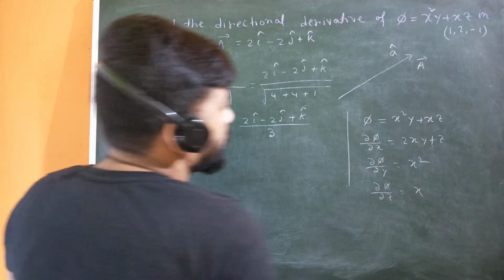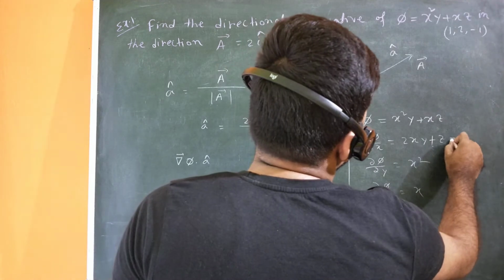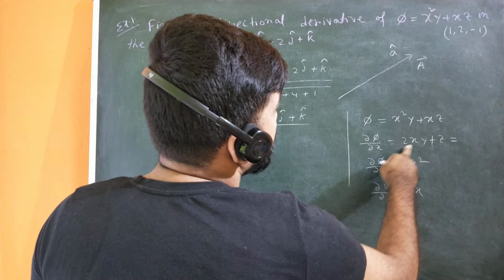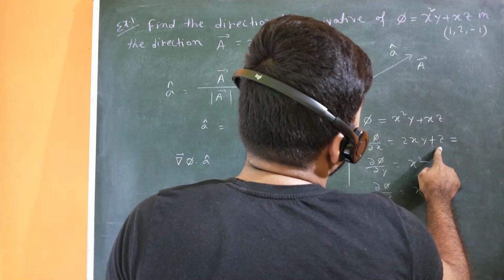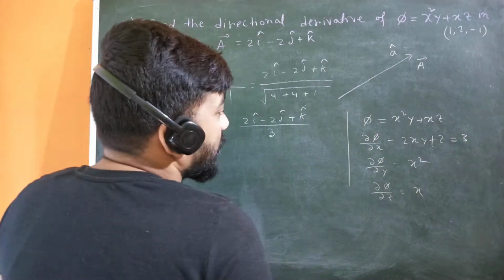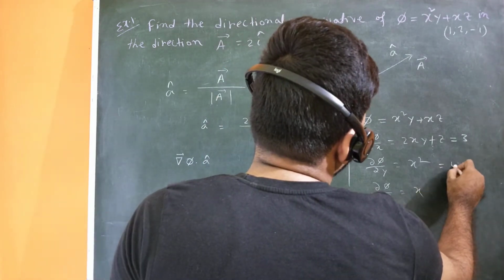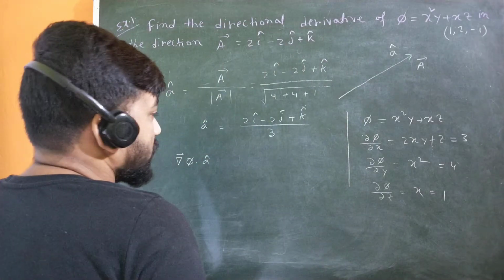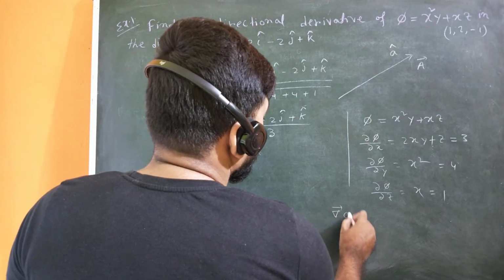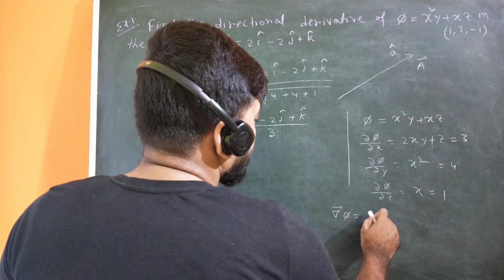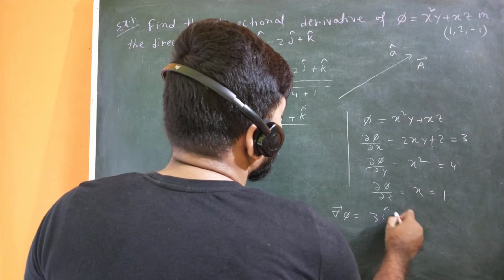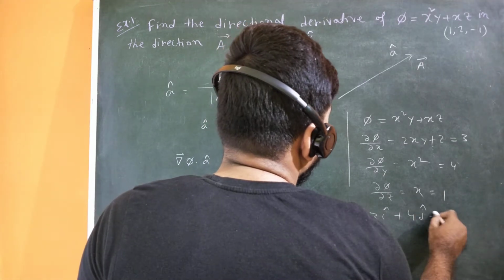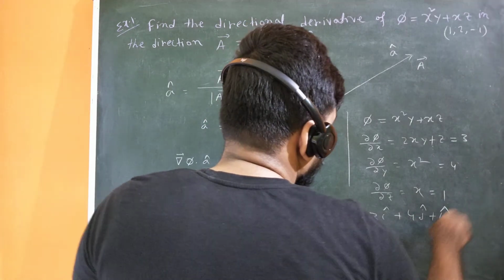Now if we put 1 comma 2 comma minus 1, x is 1 and y is 2, so 2 into 2 will be 4, 4 minus 1 will be 3. And x is equal to 1, so x square will be 1, and x will be 1. So grad phi, as per the definition, will be del phi del x i cap, that means 3i cap, plus del phi del y j cap, that means 1j cap, and del phi del z k cap, that means only k cap.